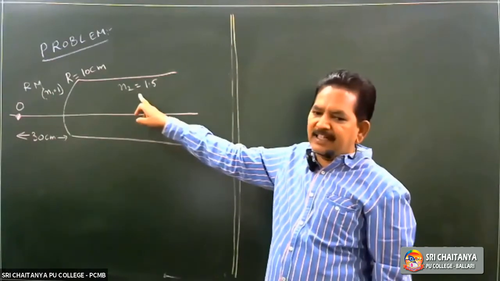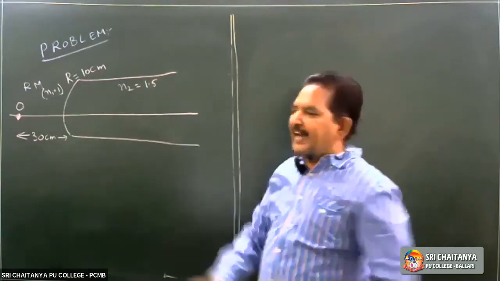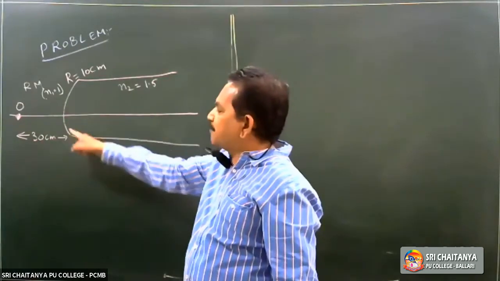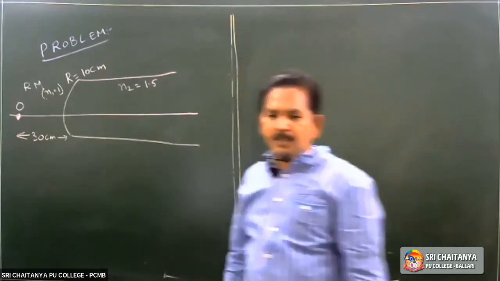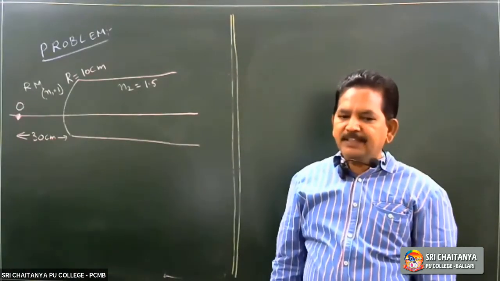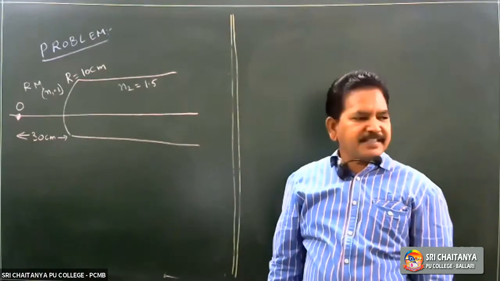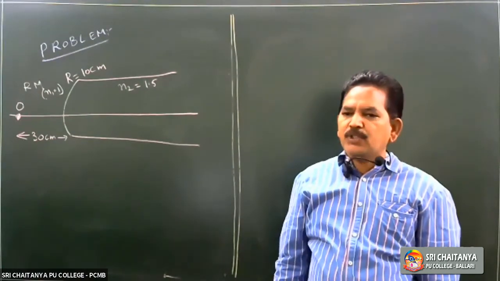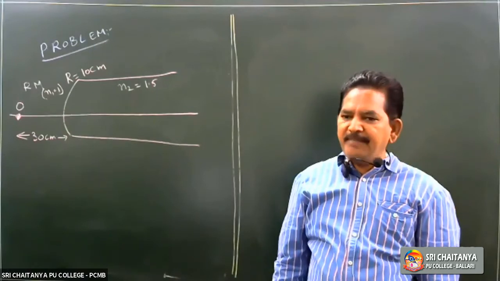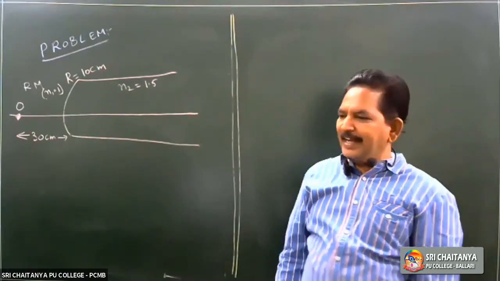Denser medium, glass, 1.5. Radius of curvature of this spherical surface R is equal to 10. The object is kept in the rarer medium at a distance of 30 centimeters. You are asked to find the position of the image in the denser medium.